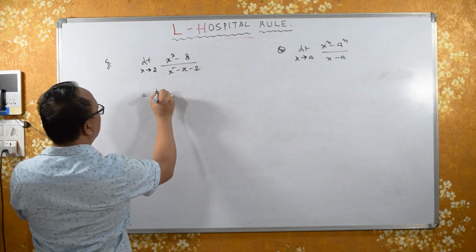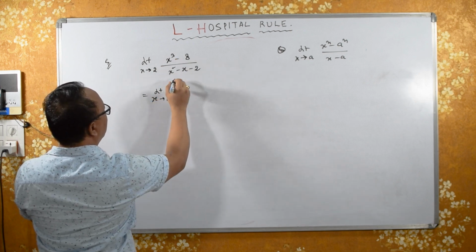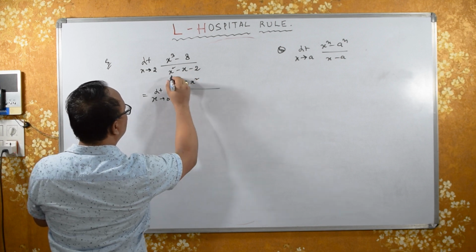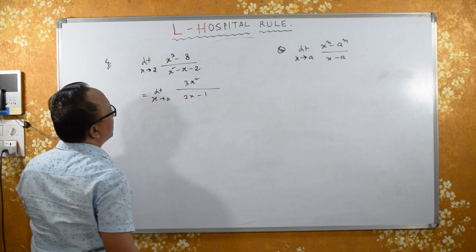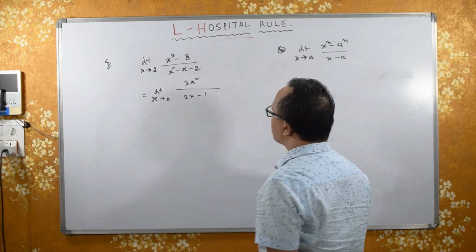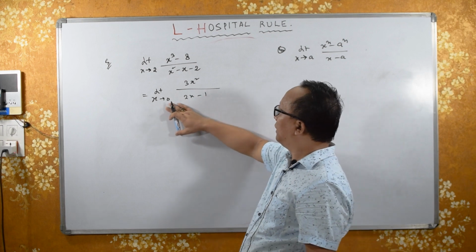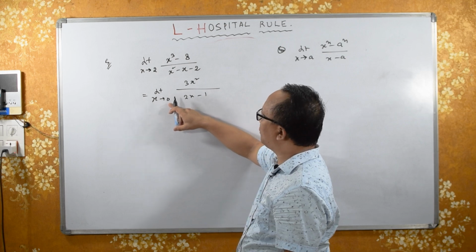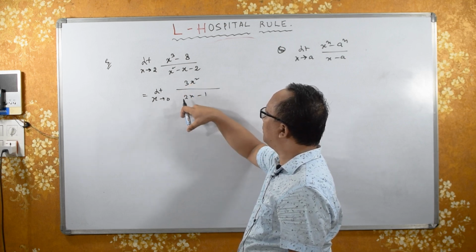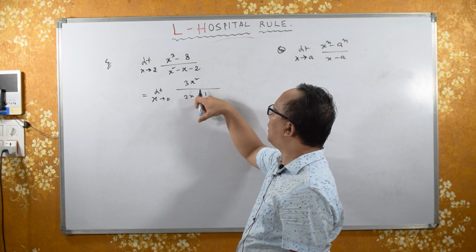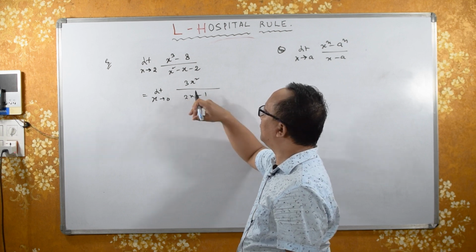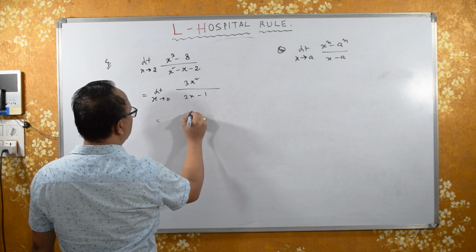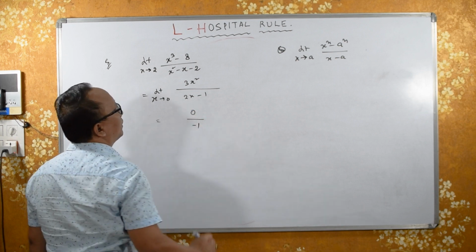When I differentiate this, it will become 3x square upon 2x minus 1. If I substitute the value of x equals 0 over here, this becomes 0 upon minus 1.